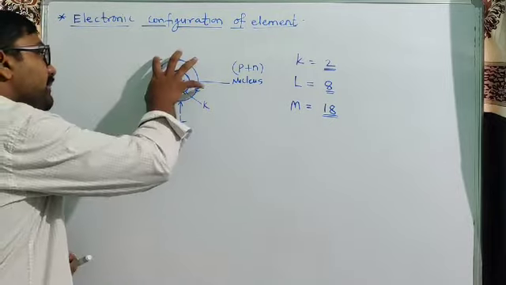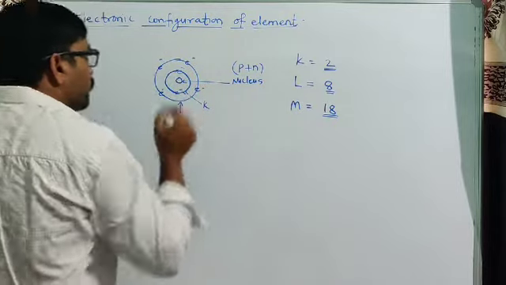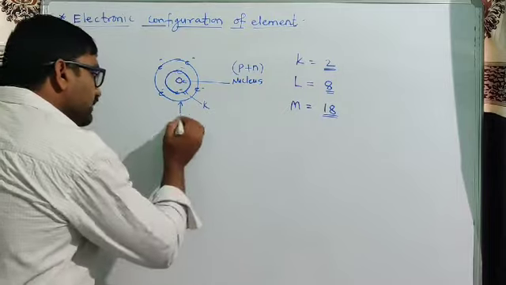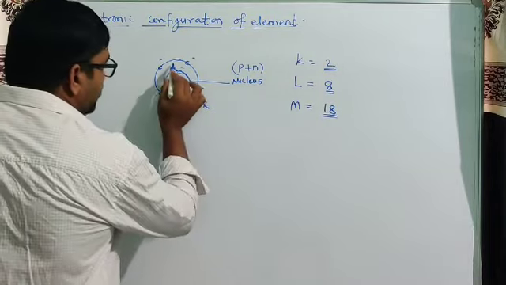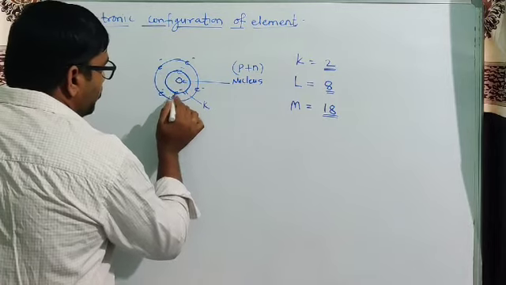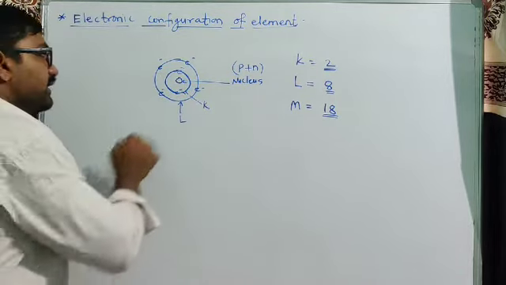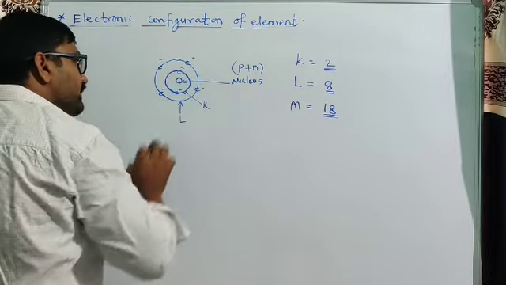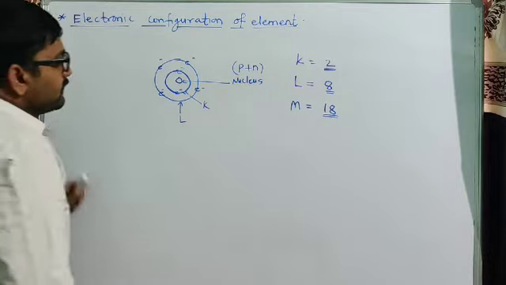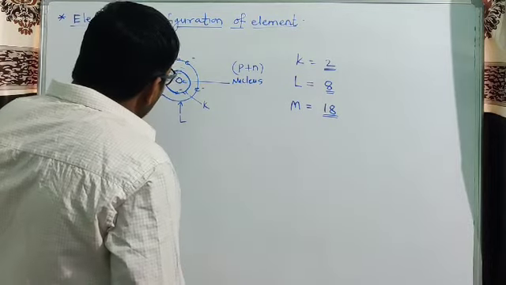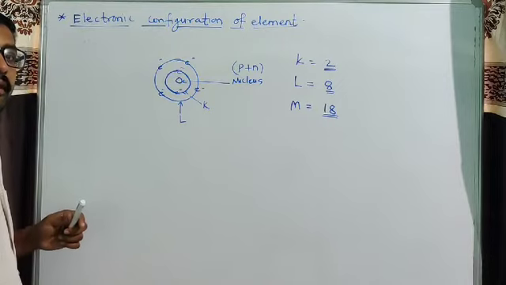Now look at the 4 outer electrons. These 4 outer electrons are moving in the L shell. Actually there is some space between the K shell and the L shell. If you see the atom, we see some space between this K shell and L shell, but still they follow this path. Actually they are not moving randomly.